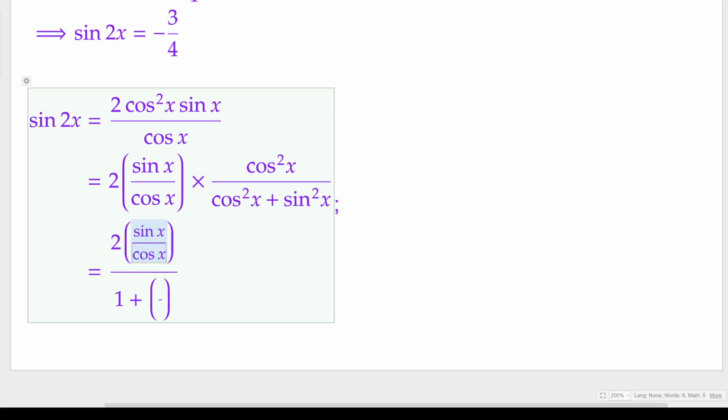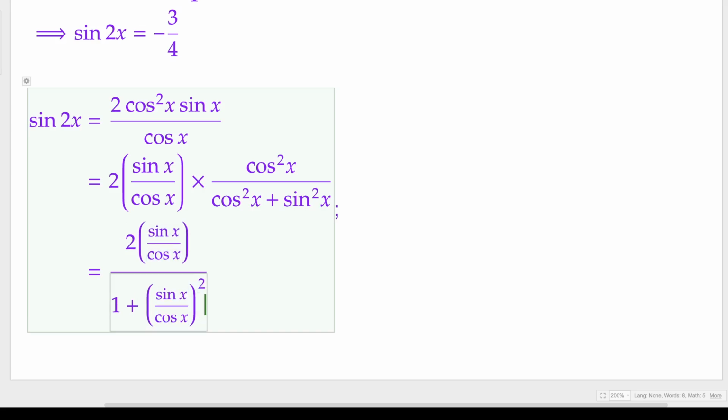If you observe here, this will be cos squared x plus sin squared x, and the denominator would be cos squared x. So I have just converted this into this particular expression, and this part was already there in the numerator. Now we can clearly observe that we have tan x in front of our eyes.